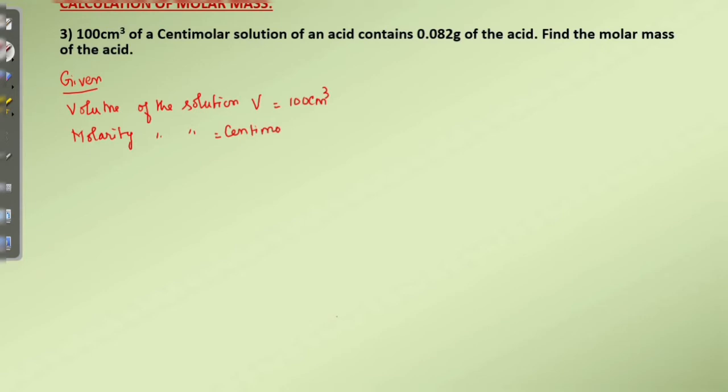So we should convert this to molar. How to convert this? We should divide with 100. If you want to convert centimolar to molar, we should divide the value by 100. So we will be getting the value as 0.01 capital M. So we used to represent molarity with capital M.